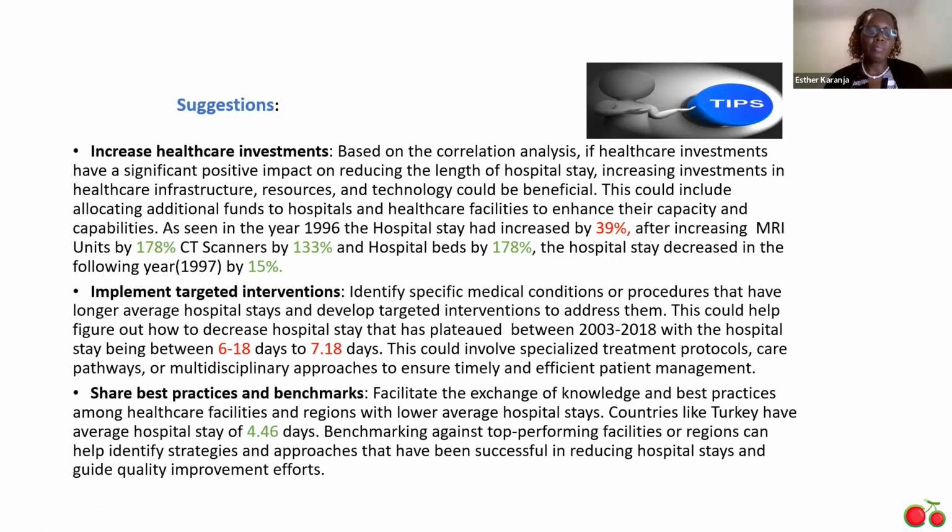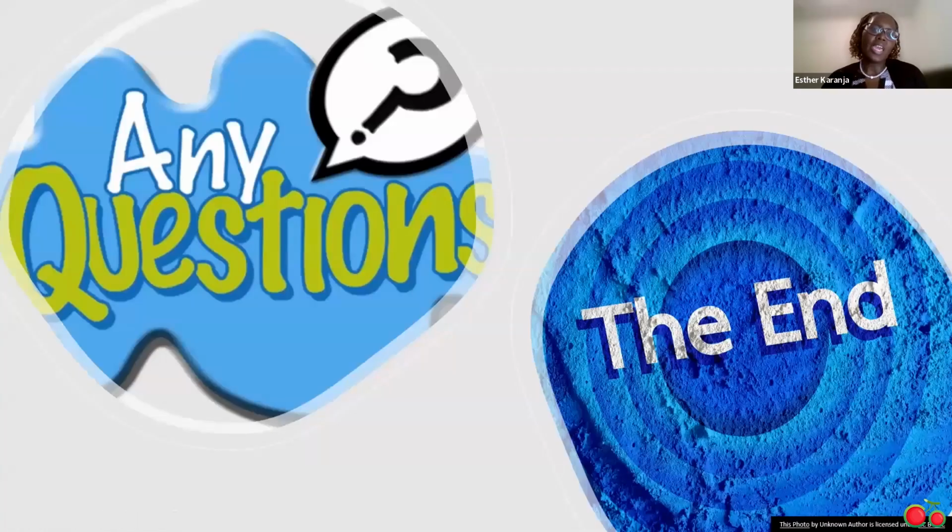The other thing is that countries experiencing longer hospital stays can benchmark or share ideas with Turkey, which has been able to maintain its average stay at 4.46. They can talk to Turkey, since they have come together as countries that want to develop economically, and figure out ways to bring the number of hospital stays down. That is the end.